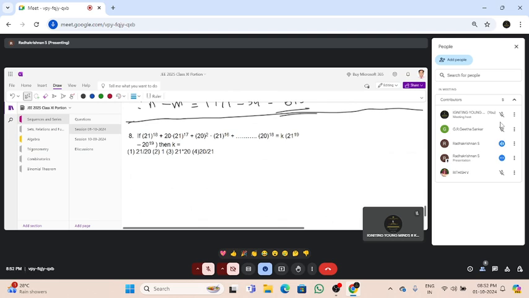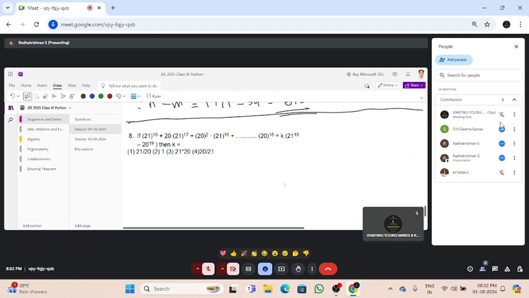Then we'll have to get it in that form. So first of all, tell me, what is this series? 21 to the power of 18 plus 20 into 21 to the power of 17. What series is this? AP, GP, HP? Is it arithmetic or geometric series? Think about it.